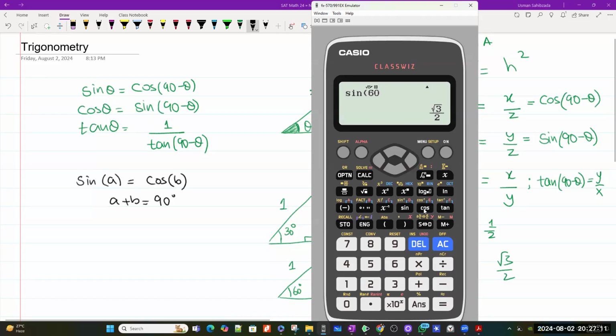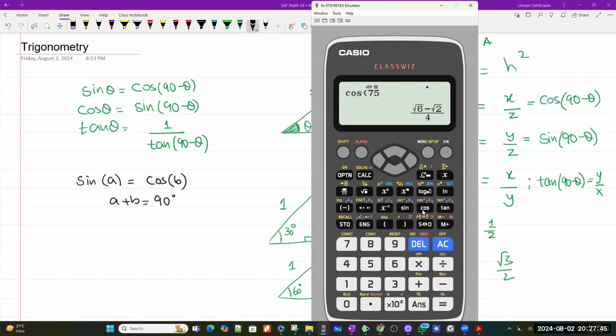Cos of 30, that's also under root 3 over 2. Sine of 0, cos of 90, sine of any random angle, 15, cos of 90 minus 15.